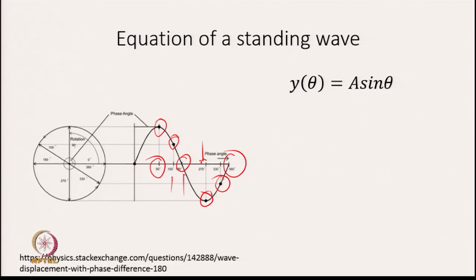So, what is the relation between y and this phase? y is basically the vertical displacement. You see when theta is 0, y is 0. When theta is 90 degree, y is maximum.